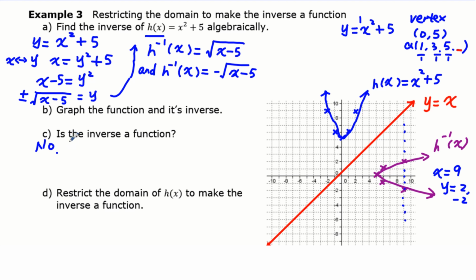You could say it doesn't pass the vertical line test.